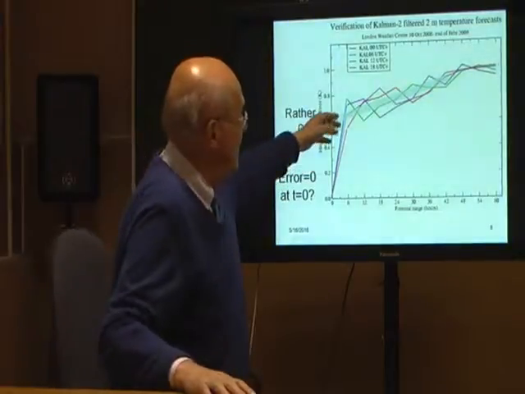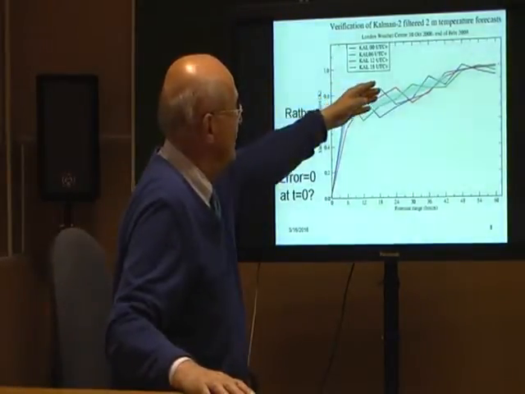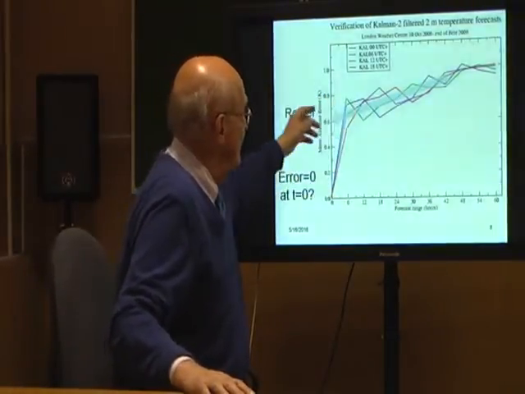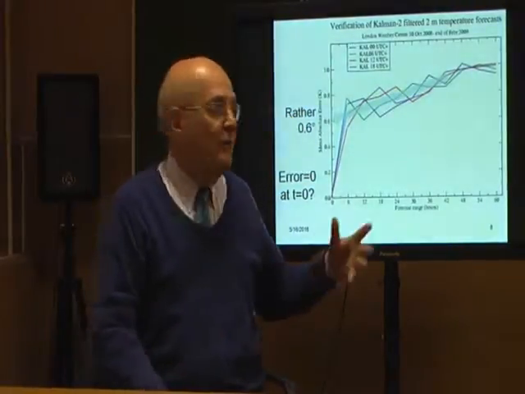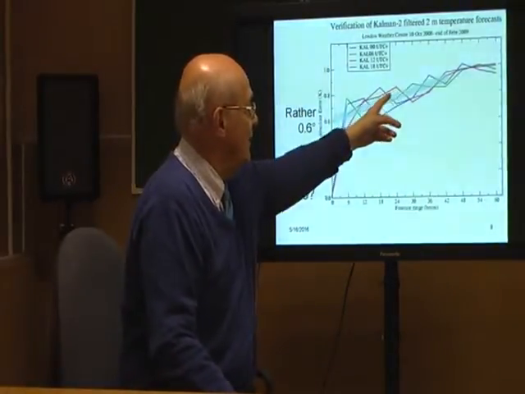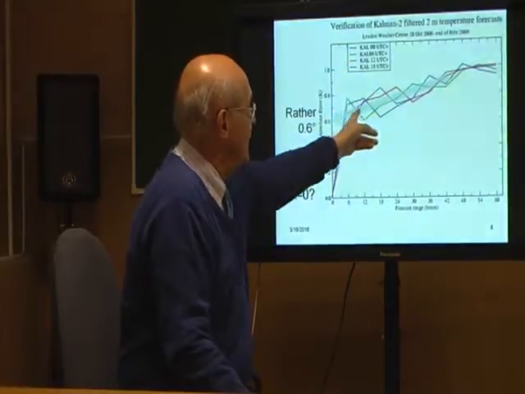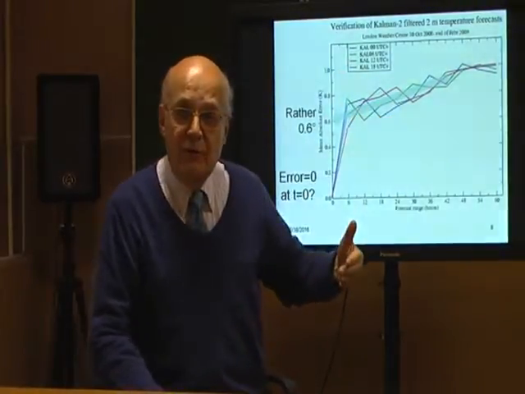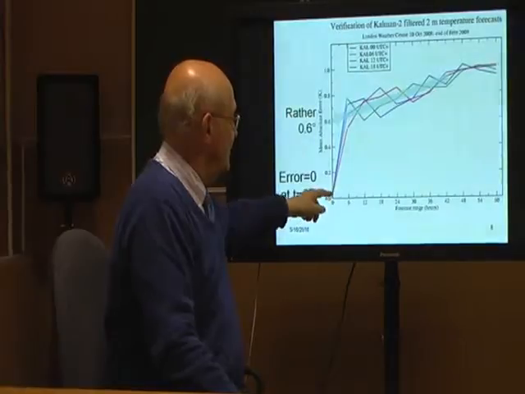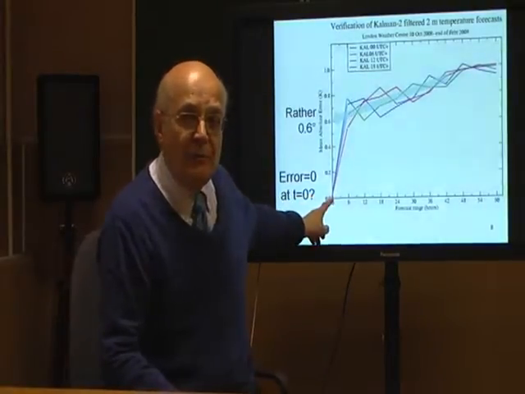It's a forecast verification of temperature, and a common error is that when you have diagrams like this showing the error growth of temperature forecast, you assume that at initial time the error is 0.